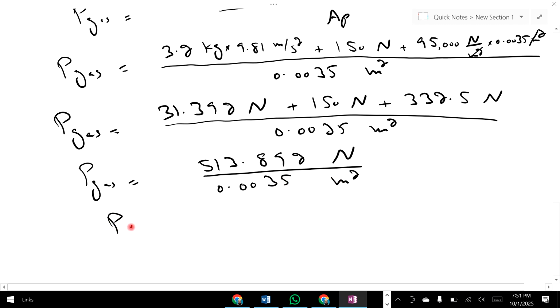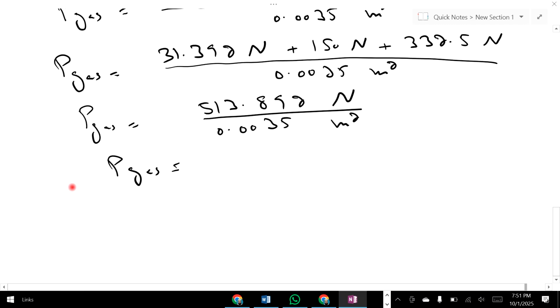So pressure of gas is equal to 513.892 divided by 0.0035, which is 146,826 pascal. Newton per square meter is equal to pascal.